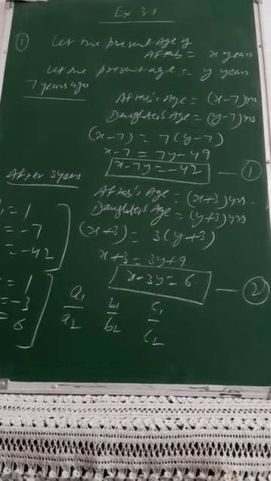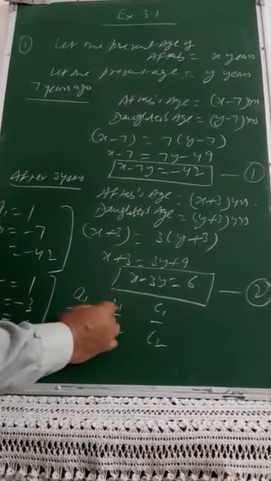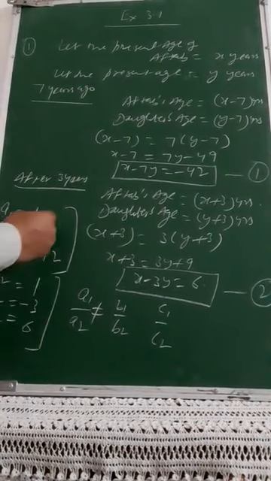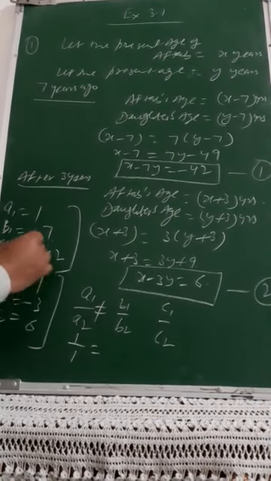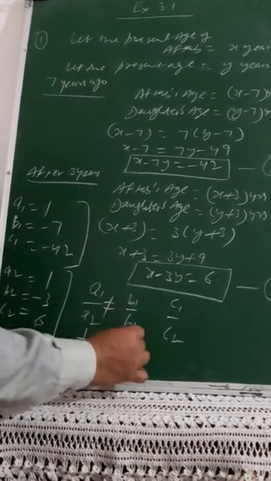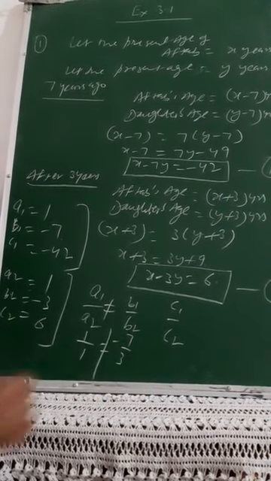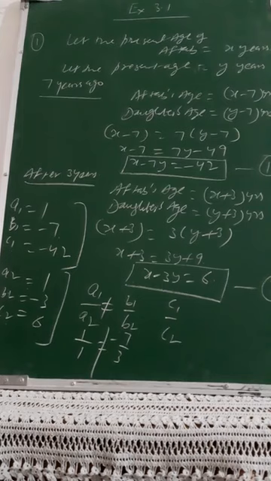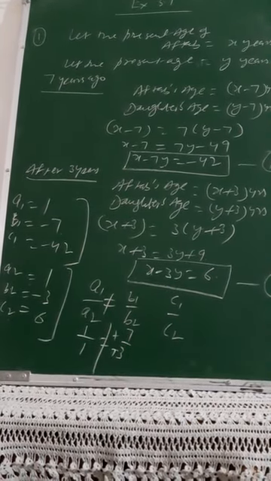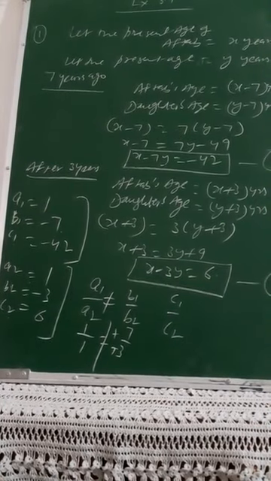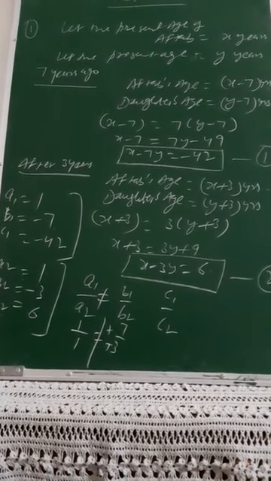So if the relationship between these two is not equal, you can see here, 1 upon 1 and here minus 7 upon minus 3. So definitely 1 is not equal to minus 7 upon minus 3, that is 7 upon 3. I am getting a1 upon a2 not equal to b1 upon b2.